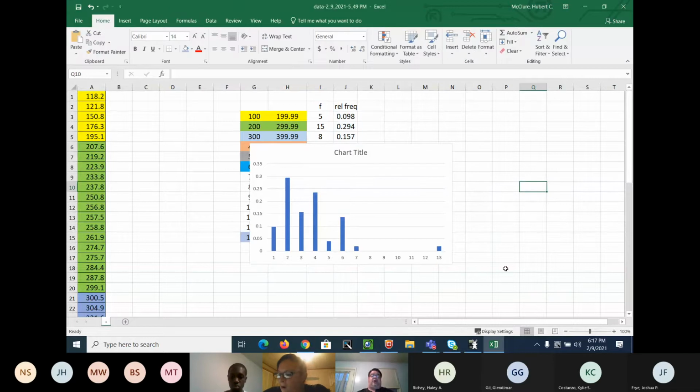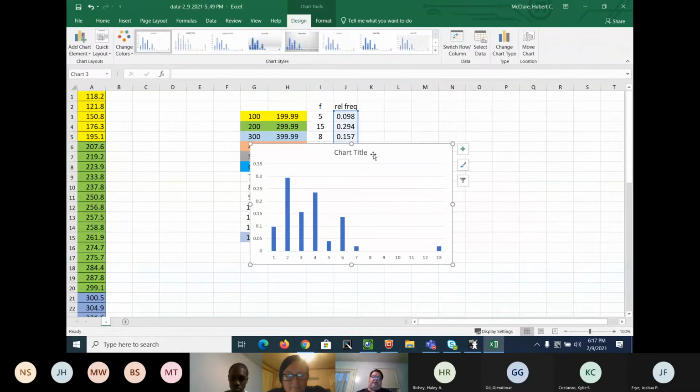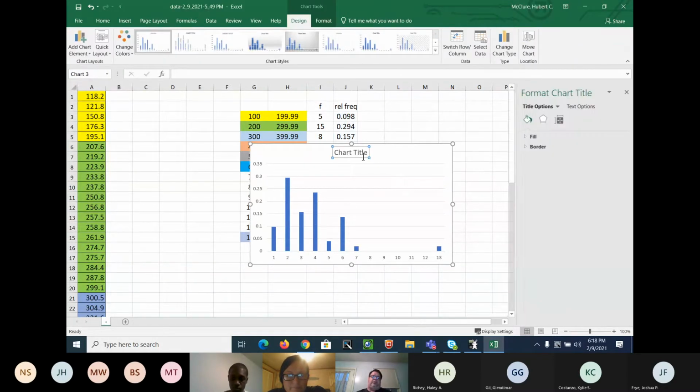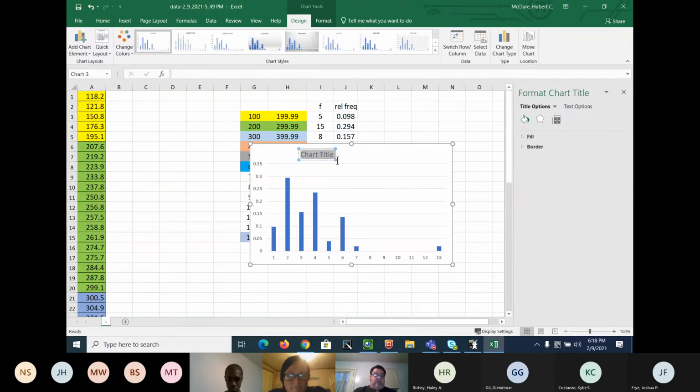I think I highlighted, oh, I know what I did wrong. I'm so sorry. That's the relative frequency. I'm going to put relative frequency right here. Relative frequency chart.